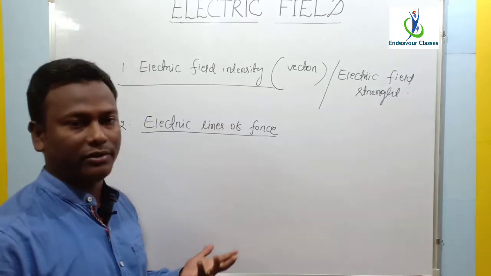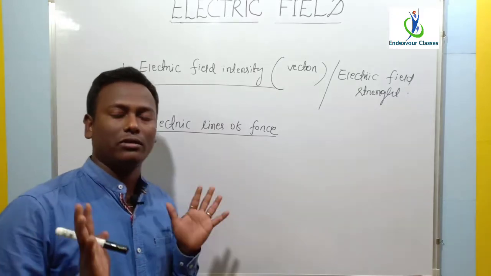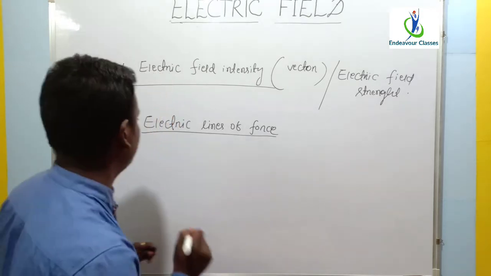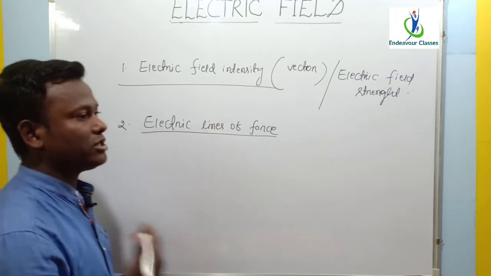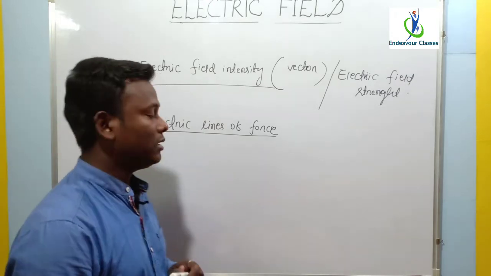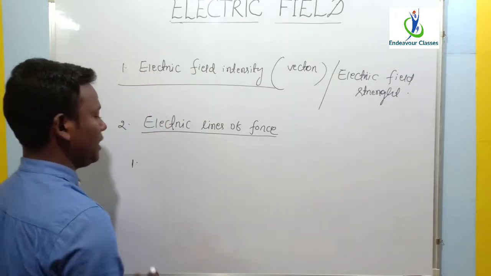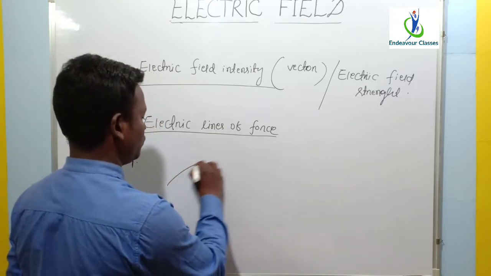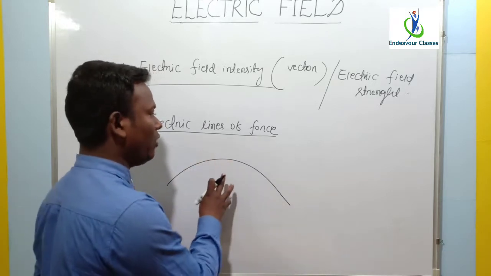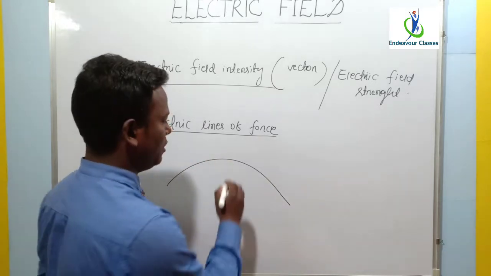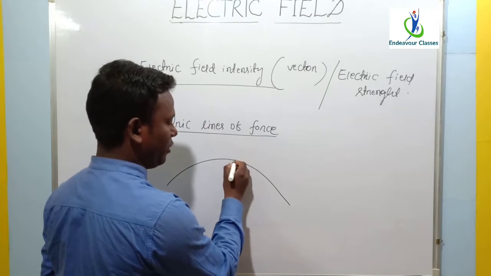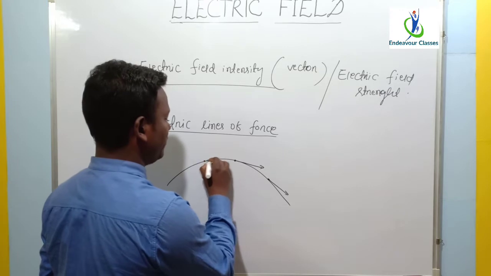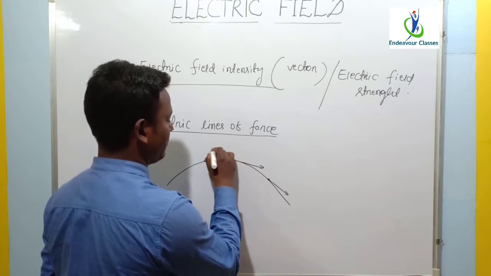So the first definition will be, these are either straight or curved lines which are used to represent the electric field. And secondly, which is the more appropriate definition, these are imaginary lines, so any line we can only call a line of force if a tangent drawn at any point to the lines of force represents the direction of electric field intensity at that point.